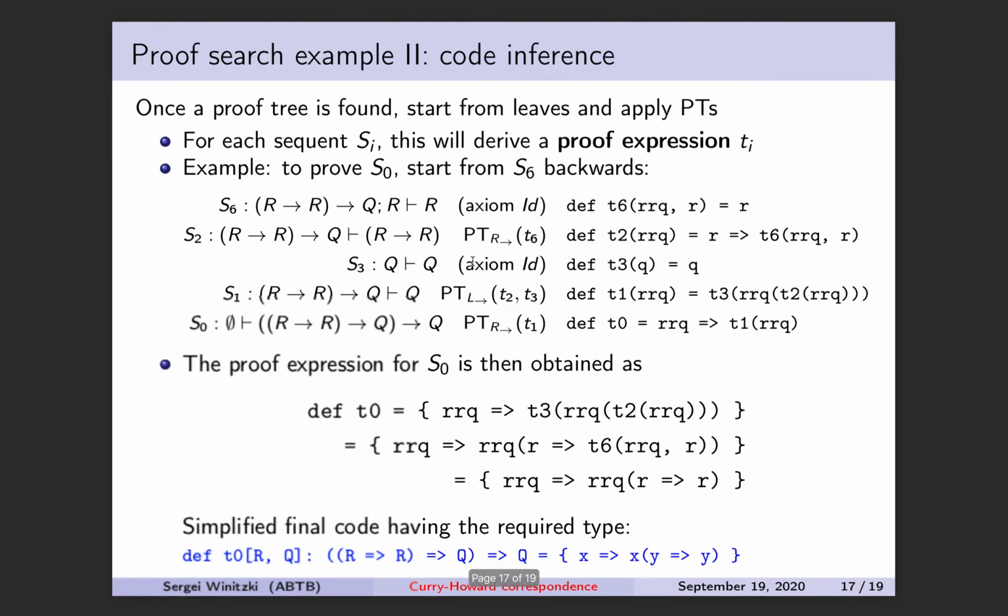So these two sequents, we have proved them before. These are S3 and S2. So we use T3 and T2 here in this proof. And finally, S0 is found using the proof transformer of right implication, which is this.